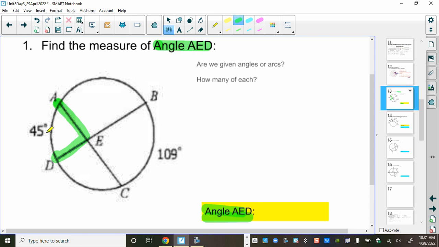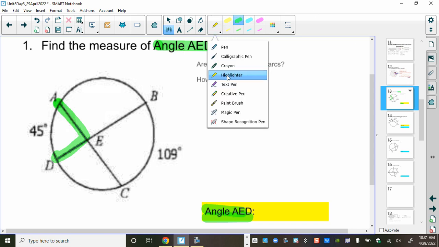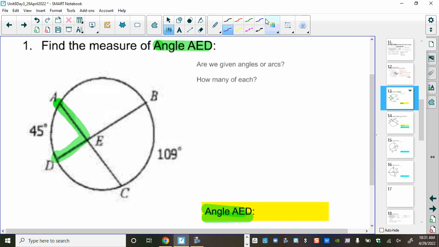Now, what are we given? Angles or arcs? Okay, we're given arcs. How many? 2 arcs.